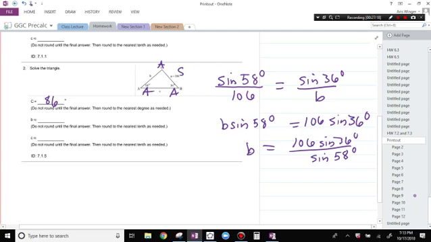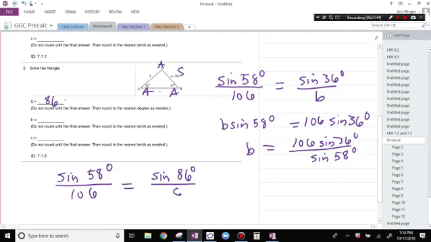Okay. Questions about this? Anyone want to see little c being done? No, thank you. So if we want little c, then we have the sine of 58 degrees over 106, we're still going to use the information given to us just in case we made a mistake, is equal to, now the 86 we're pretty confident about because we can subtract, the sine of 86 degrees all over little c.